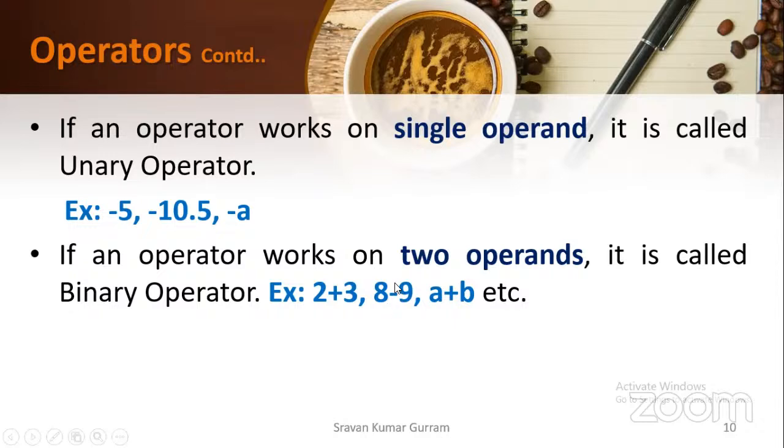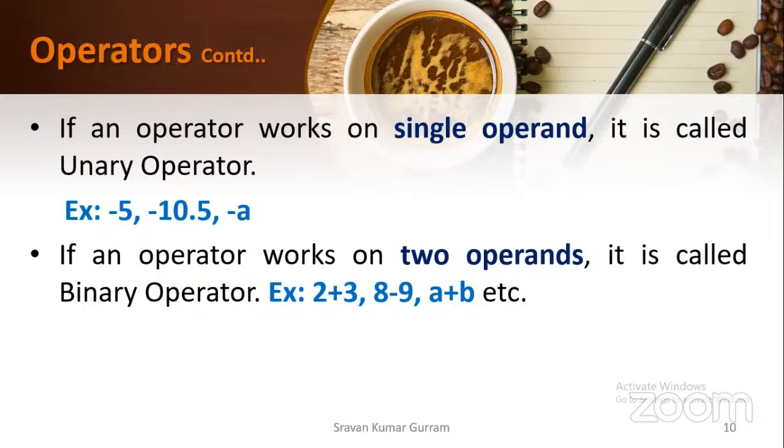Here, the role of the minus is subtraction. But in the previous case also, I am using minus only. But in the previous case, that is called the unary minus operator. And here, this is the subtraction operator, even though the symbol is the same, minus. In the unary case, that is used to represent a negative value. But in the second case, the same symbol is used to implement the subtraction operation.